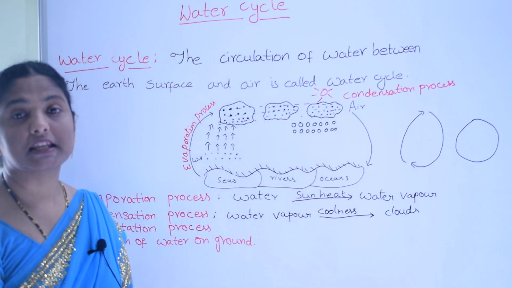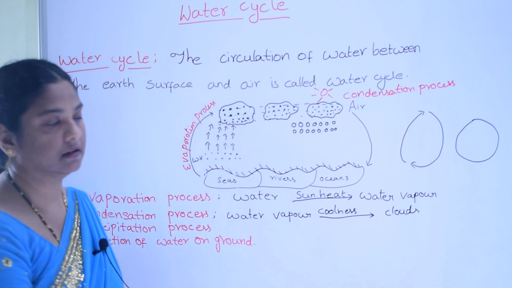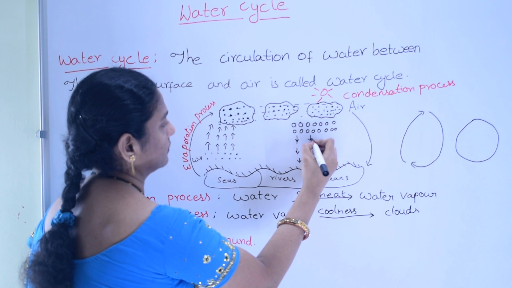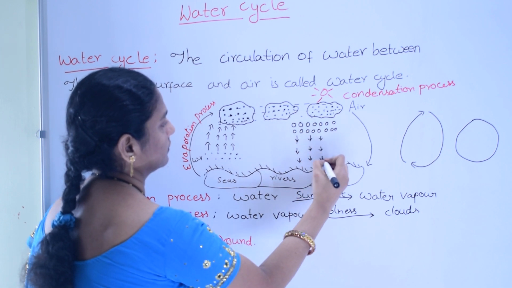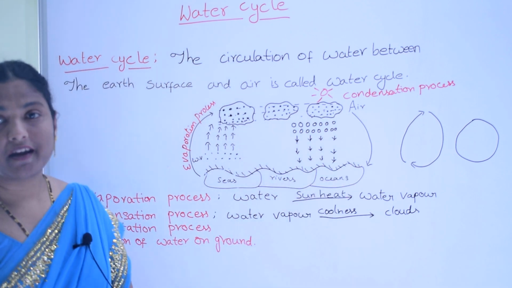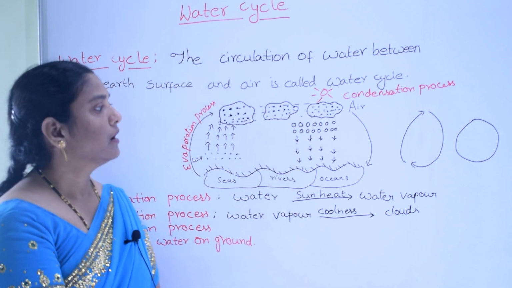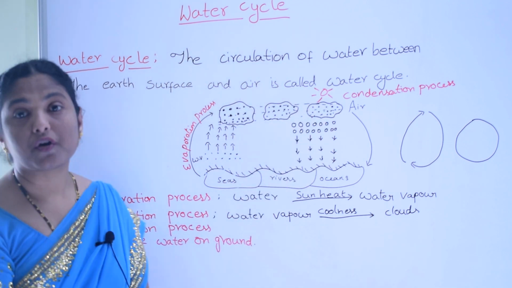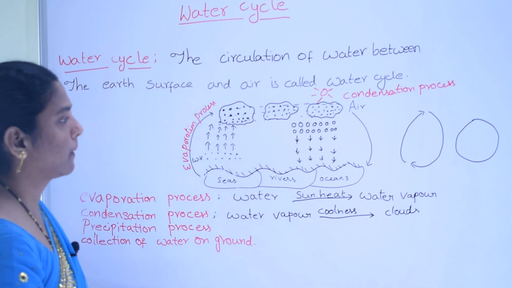After that, these big droplets of water reach the ground in the form of rain. So, by the raining, this water comes to the earth. So this process of conversion of clouds into rain is called precipitation process.